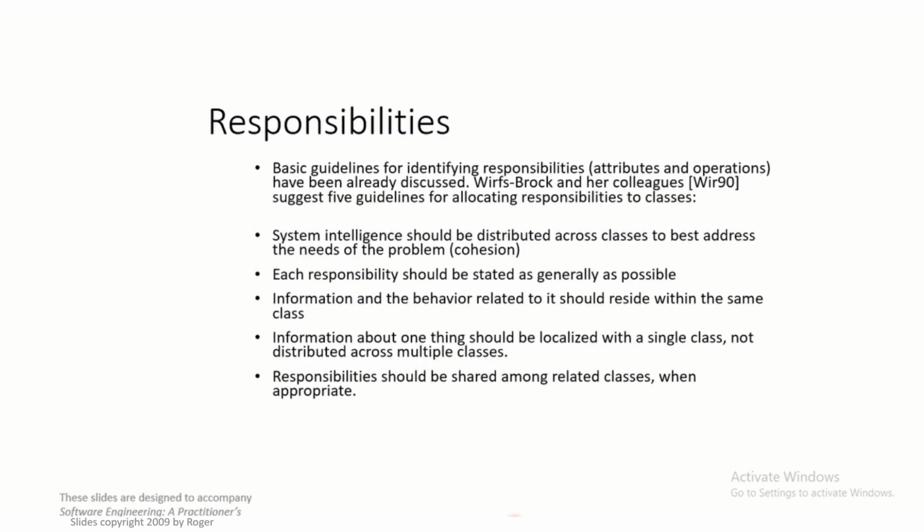Responsibilities, in general, encapsulate attributes and operations. Now in this slide we have some guidelines for responsibilities. First, system intelligence should be distributed across classes to best address the needs of the problem. If you concentrate all of the intelligence or all of the responsibilities in the same class, that would result in a master-slave system, where all the other classes depend on the main class.